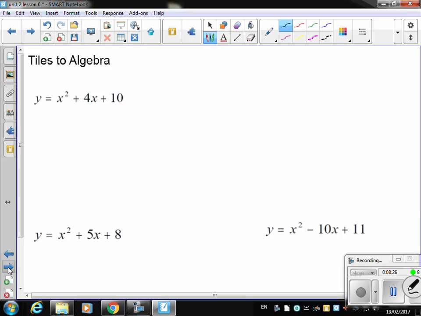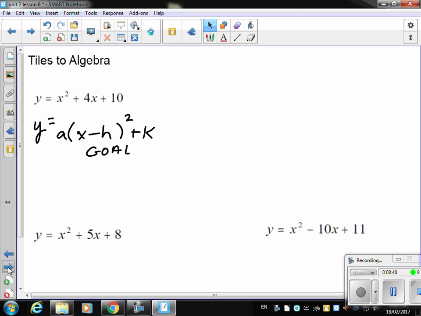My goal for this question, I'm just going to write my goal underneath it, and I'm going to do the actual work to the right, would be that my equation looks like vertex form. So vertex form was a(x minus h) squared plus k. So that's my goal, to get it like that.